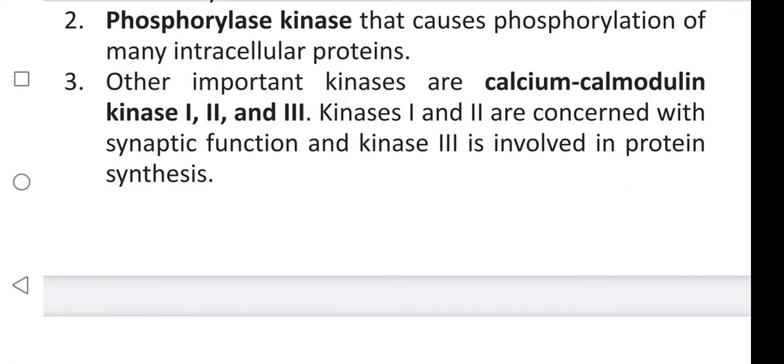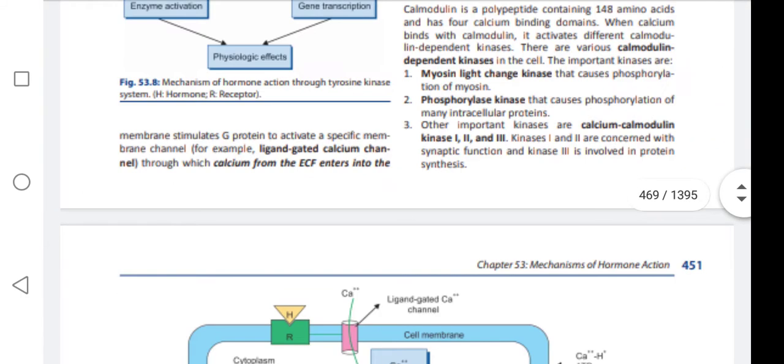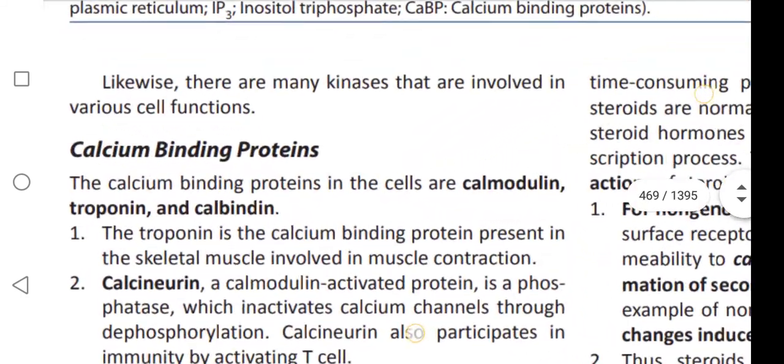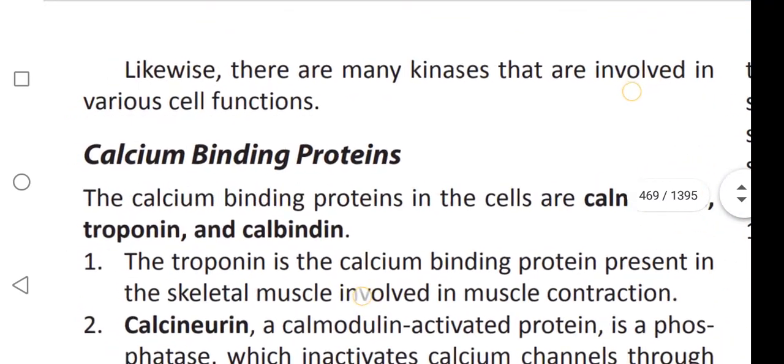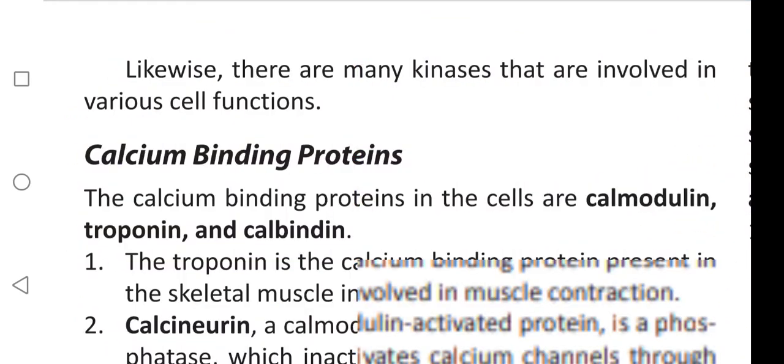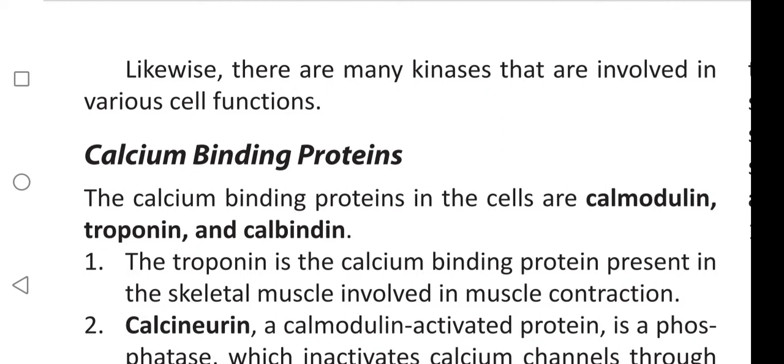Kinases 1 and 2 are concerned with synaptic function and kinase 3 is involved in protein synthesis. Likewise, there are many kinases involved in various cell functions.